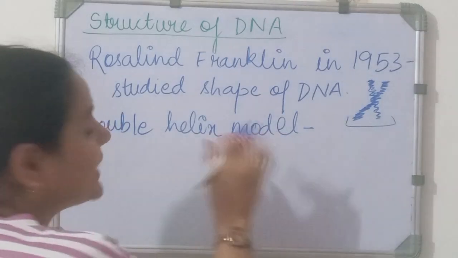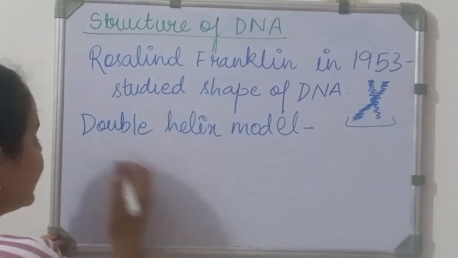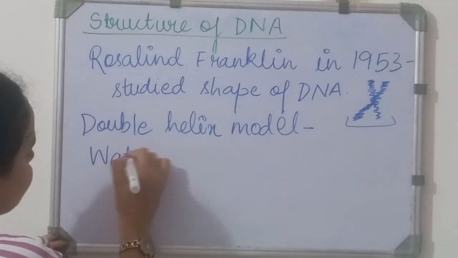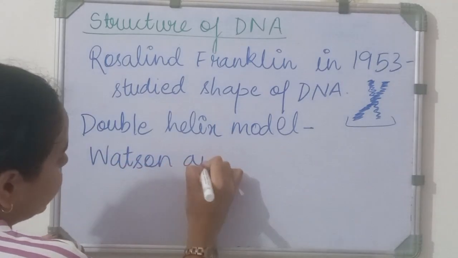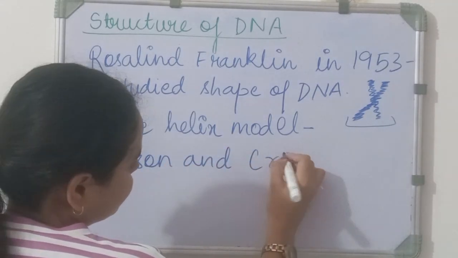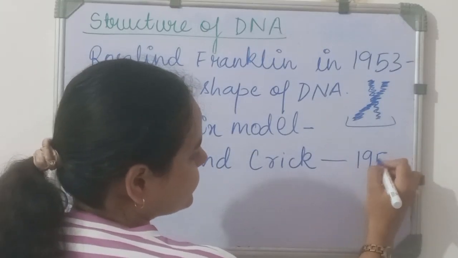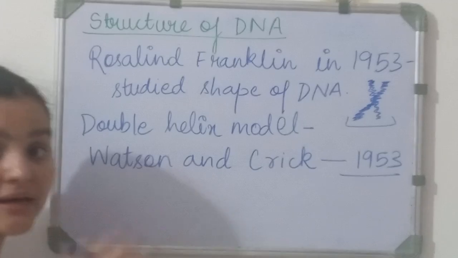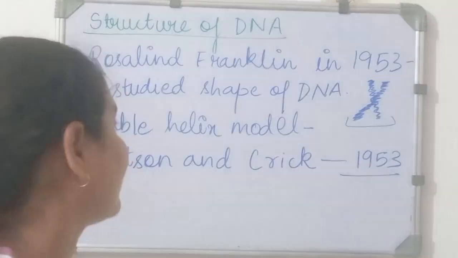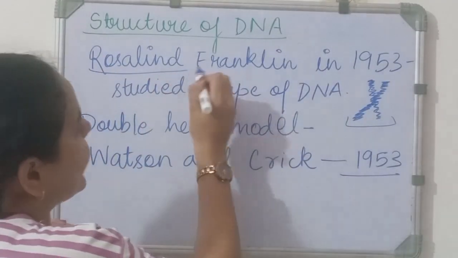So the double helix model was proposed by Watson and Crick in the same year, 1953. But the actual work was of Rosalind Franklin.